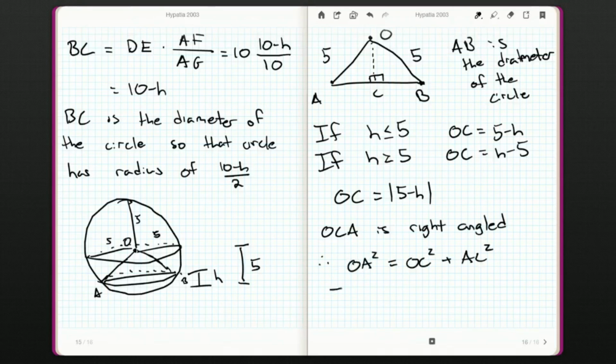Well, OC can be 5 minus h, or it can be h minus 5, but it doesn't really matter, because once we square those, they become the same value. Okay? So you can check, if we were to use 5 minus h or h minus 5, either way, when we square it, we get the exact same thing. We get 25 minus 10h plus h squared. So it didn't really matter what h was here.